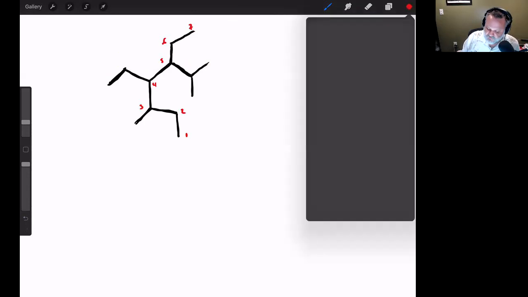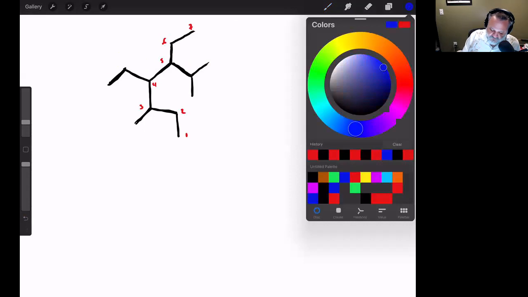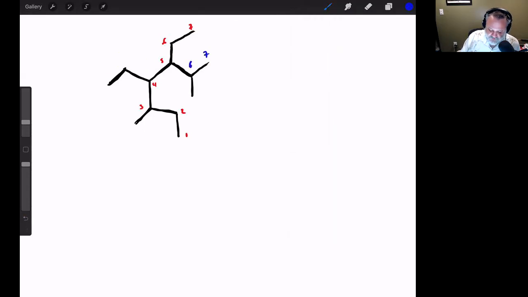Let's try something else, though. Let's think about if I went 5, 6, 7. Oh, there are 2 different possible 7 carbon chains. Remember, going 7 down here is the same as going 7 the other way, so I won't even mention that particular version, but these 2 7s are equivalent.